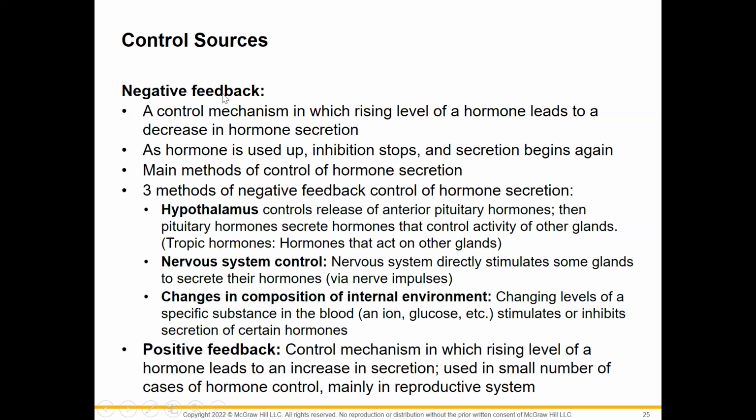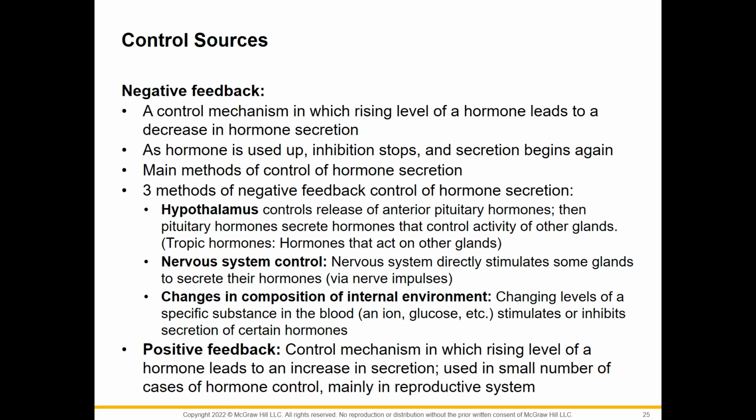Negative feedback, basically the way it works. Negative feedback, your body is saying, we have some changes occurring in our environment, either internal or external environment. We don't like these changes, so we want to stop it as quickly as possible. All right. We want to get back to normal, get back to homeostasis as quickly as possible.